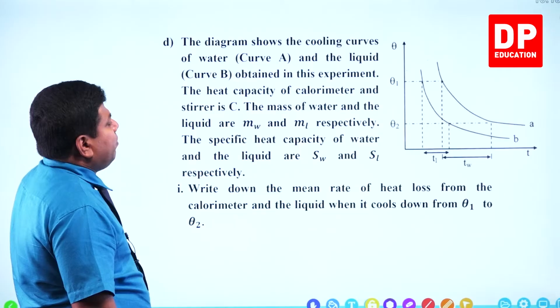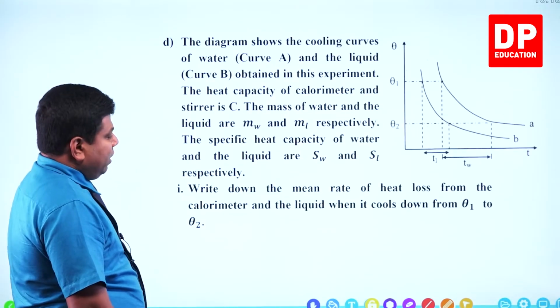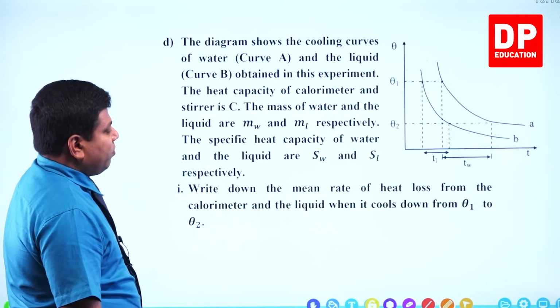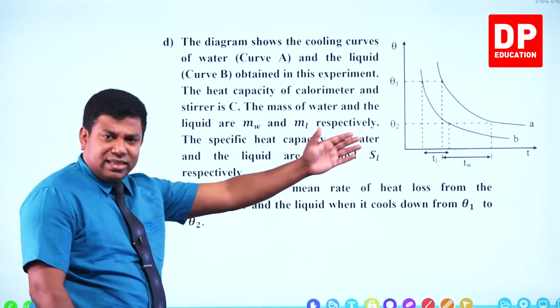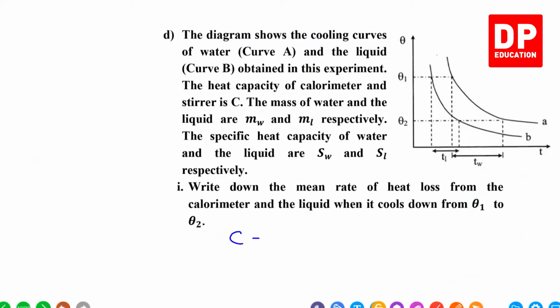Mass of water is MW, liquid ML, specific heat capacity SW, SL. Write down the mean rate of heat loss from the calorimeter and the liquid when it cools down from θ1 to θ2. We have done this calculation. How? Usually we write it as MC CC. MC is the calorimeter stirrer mass. CC is the calorimeter stirrer specific heat capacity. But here they have multiplied and they have given you heat capacity. Careful.